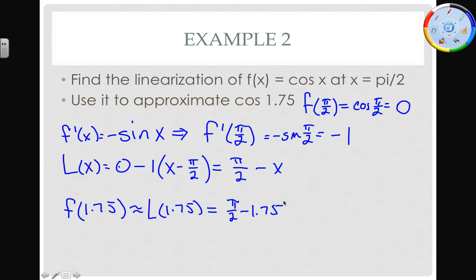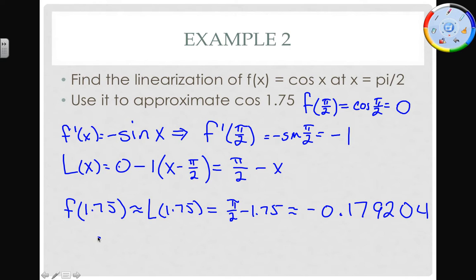Now in this particular case, you have to pull out a calculator just to get what that approximate value is. And if you did that, pi halves minus 1.75, I get negative 0.179204. Let's just go out that far for now.